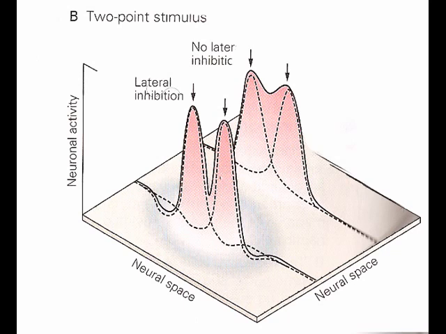And it's called the spatial resolution of sense. A system that deals with lateral inhibition can distinguish 2 separate sensory stimuli when they're closer together than a system that doesn't deal with lateral inhibition. And so it's giving us, for less processing power, a system that is more spatially sensitive.